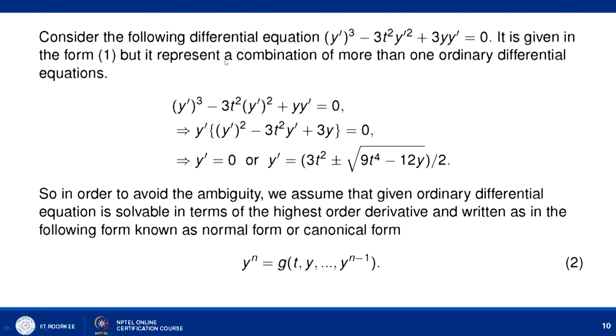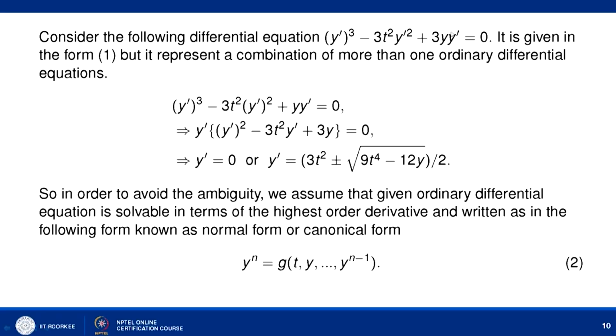Consider this differential equation: y'^3 - 3t^2 y'^2 + 3y y' = 0. If you look at it, this is a relation between what? Here t is present, y' is there, y is there. So, this is a relation between t, y and y'. So, it is a differential equation of order 1.